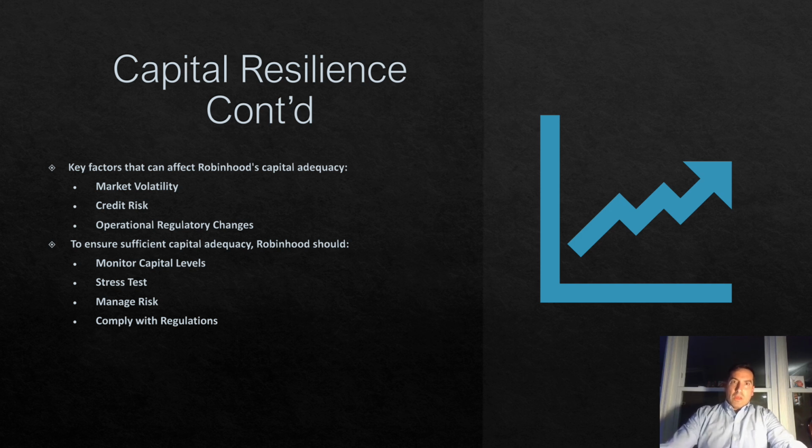And there are also operational risks such as system failures, fraud, and even natural disasters and events that can affect their infrastructure. Also, there are regulatory changes that need to be considered. Changes in regulatory requirements, such as Basel III, can affect the amount of capital Robinhood is required to hold as well.